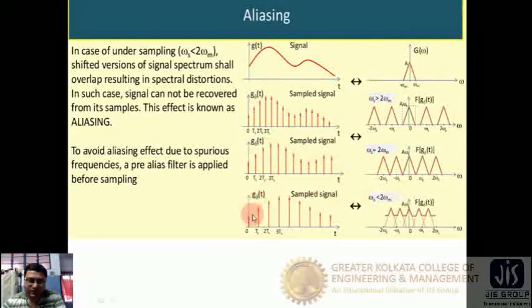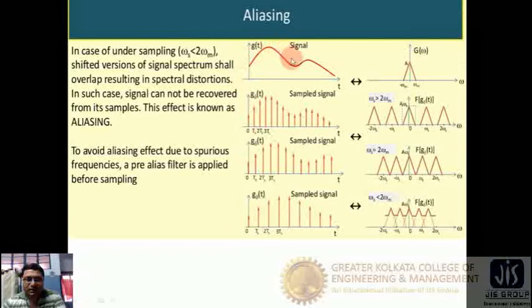But the third case is the worst case, where the sampling frequency is much less than the Nyquist criterion, and in this case the resolution of the signal is changed, or there is a distortion in the signal.